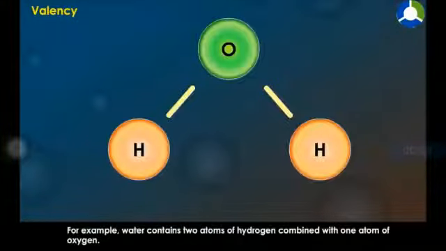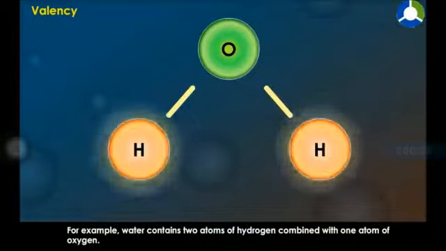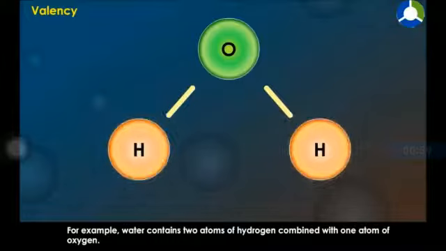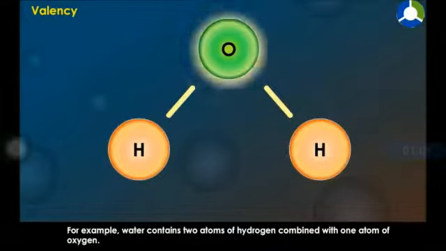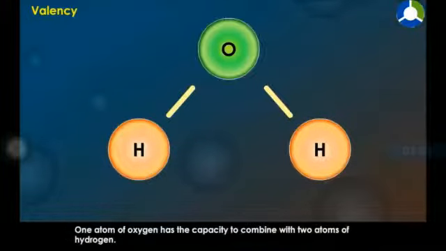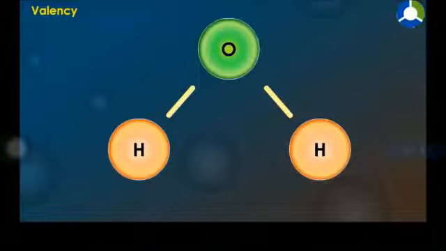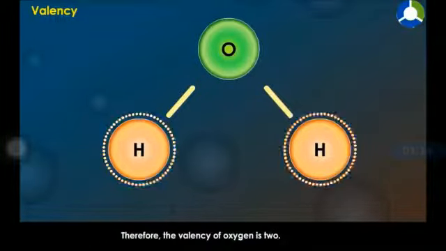For example, water contains 2 atoms of hydrogen combined with 1 atom of oxygen. 1 atom of oxygen has the capacity to combine with 2 atoms of hydrogen. Therefore, the valency of oxygen is 2.